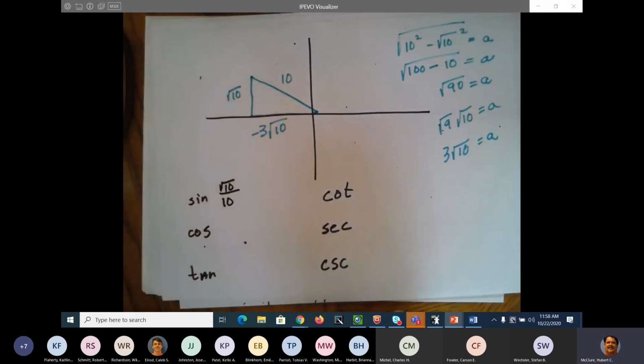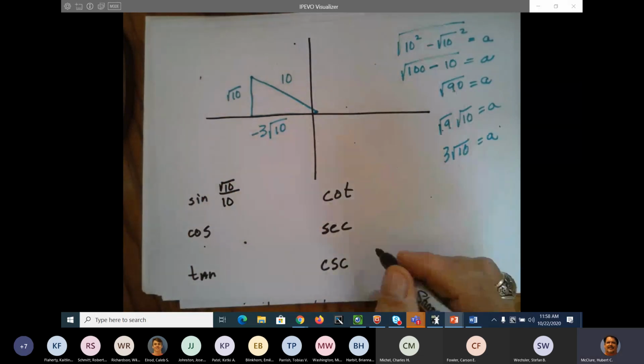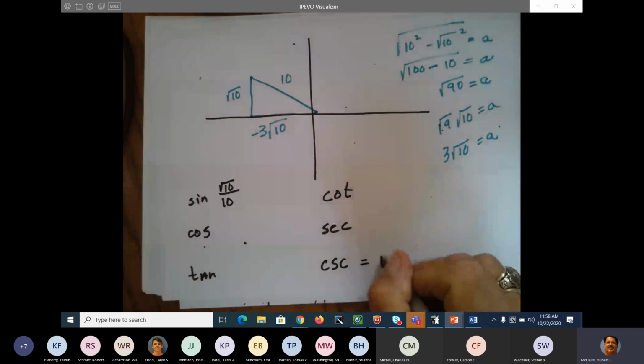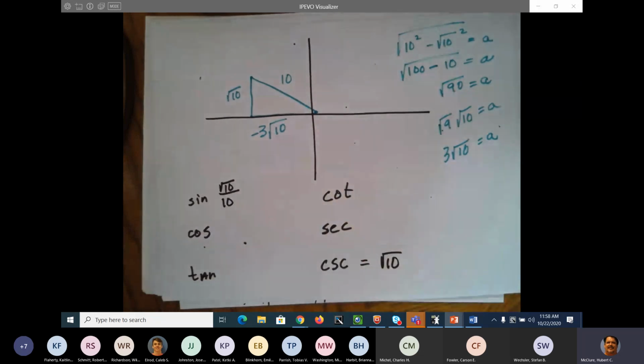And the cosecant would be 10 over the square root of 10, which is 10 times square root of 10 over 10, which is square root of 10. It should be the square root of 10 for the cosecant. Now I want you to fill out the rest of them. Go ahead and fill out the rest of them.